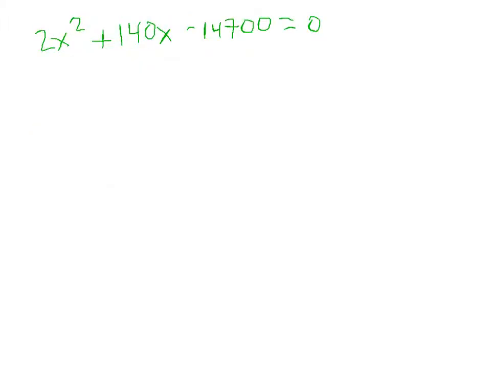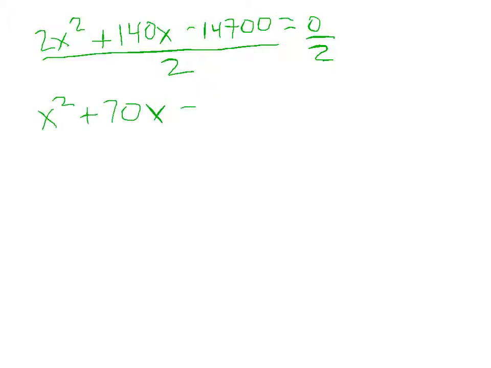Now, to make these numbers a little bit easier to deal with, I'm going to divide both sides by 2, which gives me x squared plus 70x minus 7,350 equals 0.